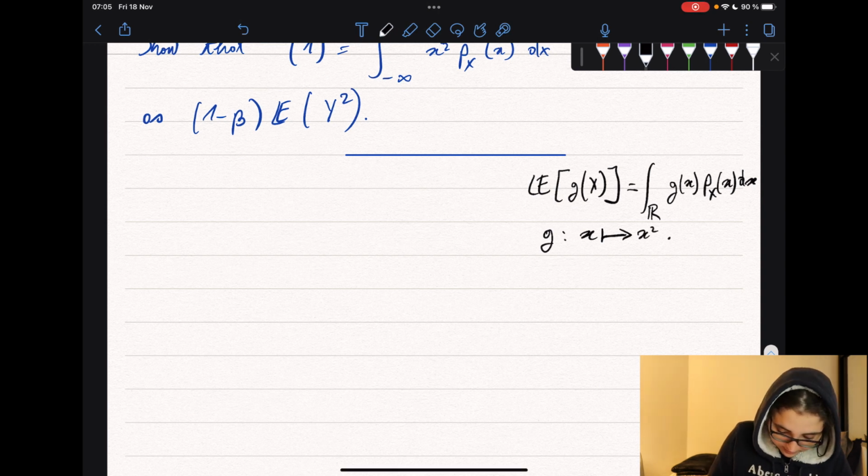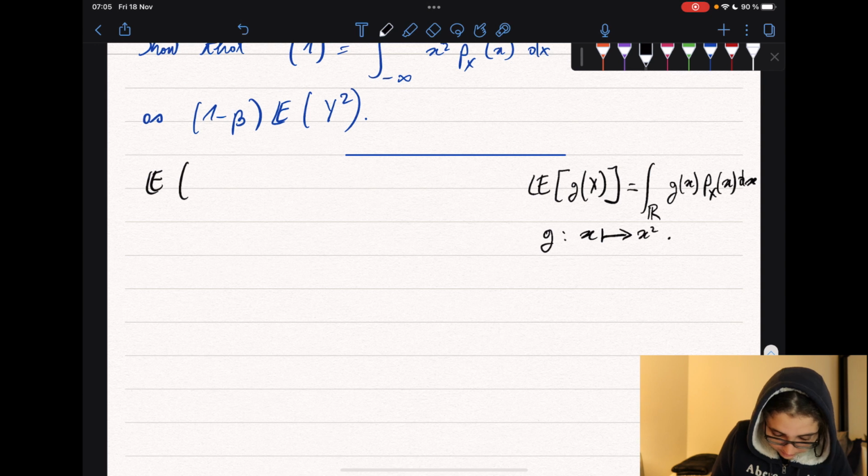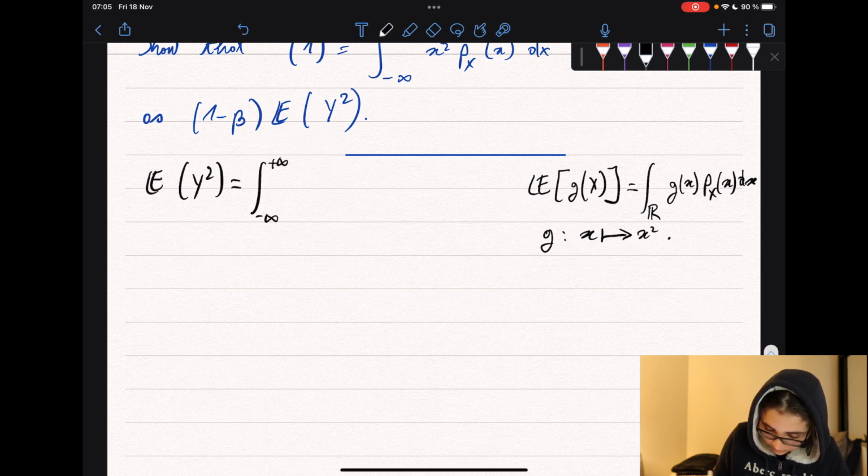So let's just write it down. So the expectation function of y squared is equal to the integral over R, so from minus infinity to plus infinity. So this is the definition. From minus infinity to plus infinity of y squared times p y of y dy.